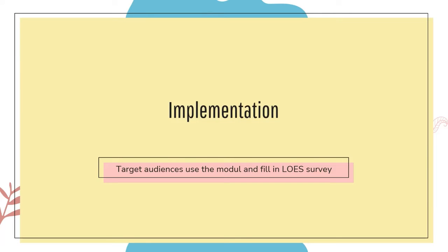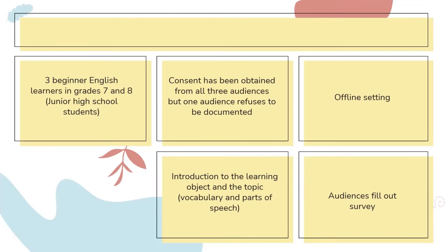The next stage is the implementation, and in this stage we gather some target audience to use our module or learning object, and after that the audience fill in the LOES survey. In the implementation stage of my learning object, I got 3 target audience, which are 3 beginner English learners in grades 7 and 8 of junior high school.